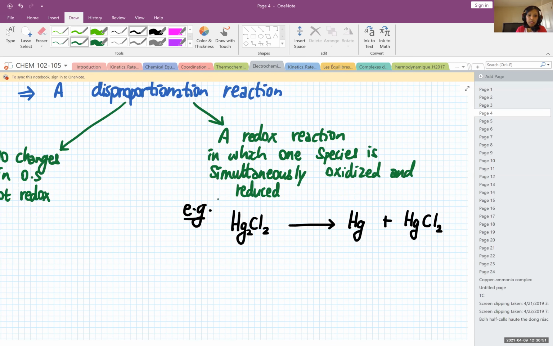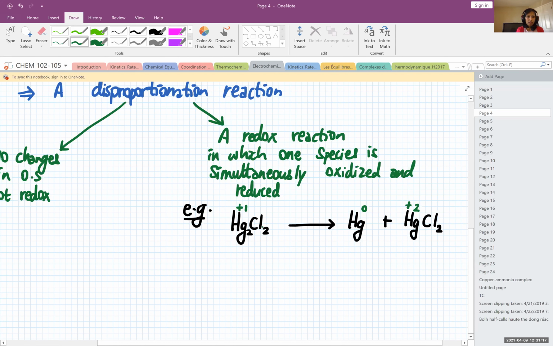If we look for the oxidation state, this is a halogen, it is -1. So we know mercury here is in the +1 oxidation state. Here, of course, it is the element. It has no charge. And in here, chlorine is -1 still. And this is a +2 oxidation state. So we see it is forming two different compounds.